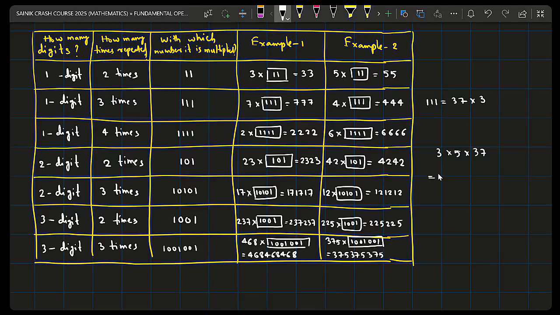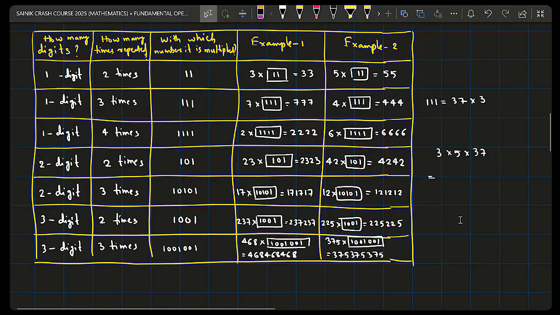3 into 5 into 37. Everybody solve this question. Who will give the answer? 555.